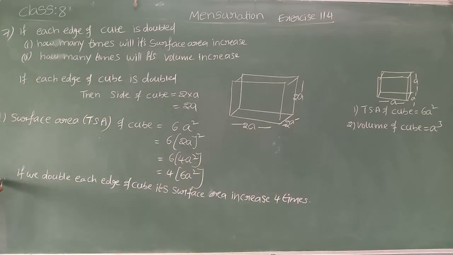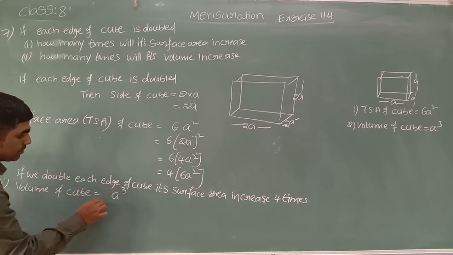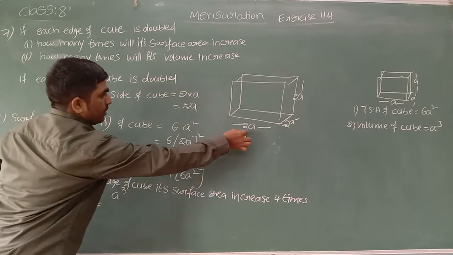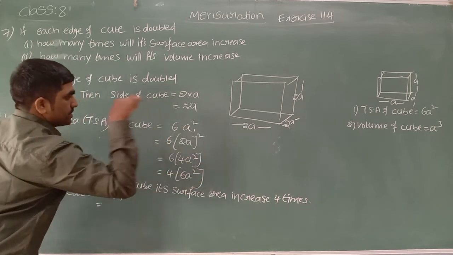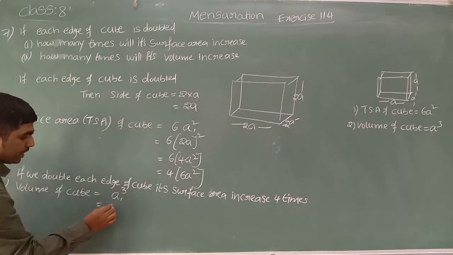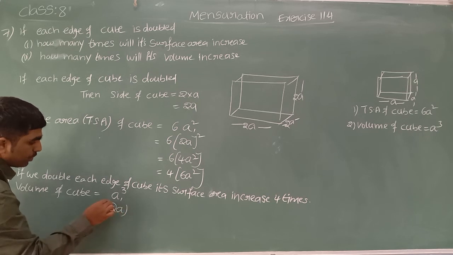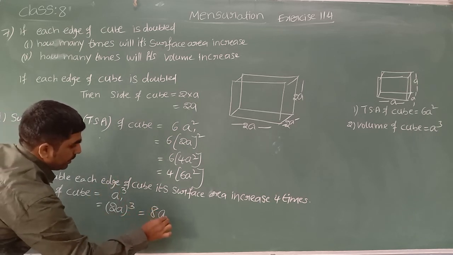Similarly, think about volume. Volume of a cube, what is the formula we have generally? a cube. But here the length of side is 2a. So in the place of a, the length of side which is 2a, whole cube is equal to how much? 2 cube, 8a cube.